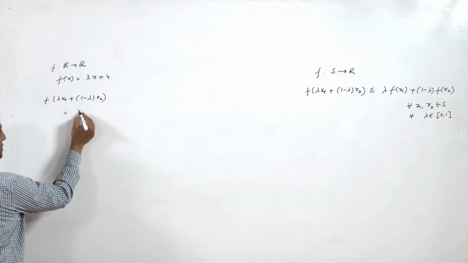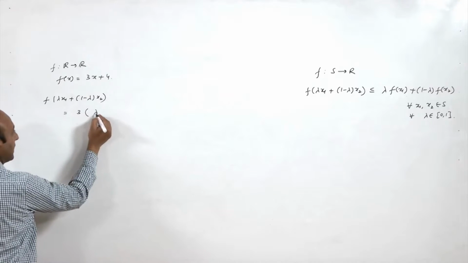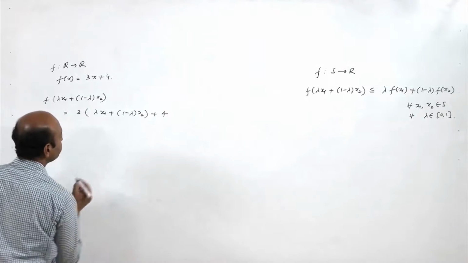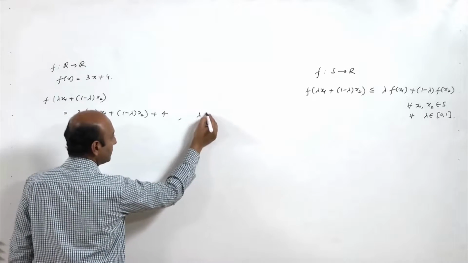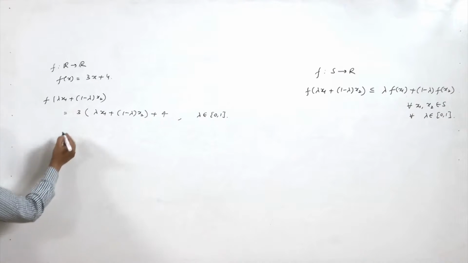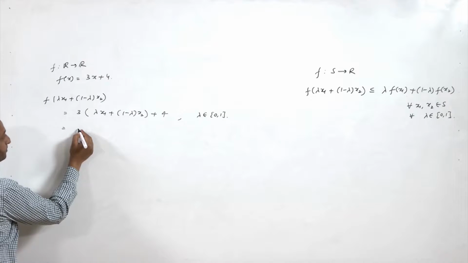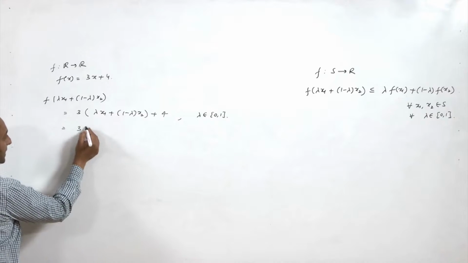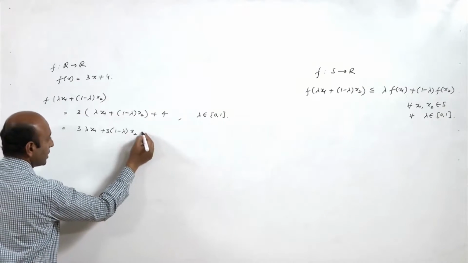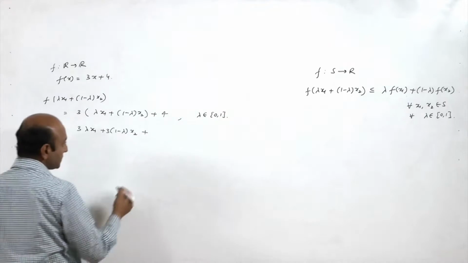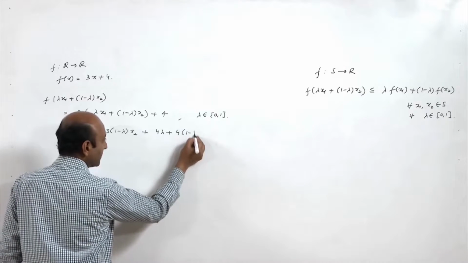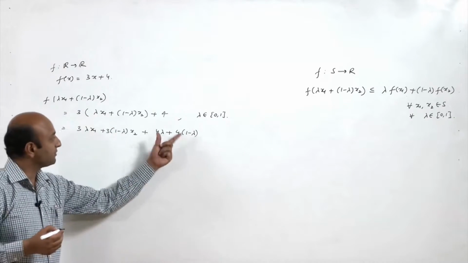So, this is equal to 3 times, applying the definition, lambda x1 plus 1 minus lambda x2, plus 4, where S is R here. This is further equal to 3 lambda x1 plus 3 times 1 minus lambda x2. Now, this 4 can be written as 4 lambda plus 4 into 1 minus lambda, since the sum is 4.